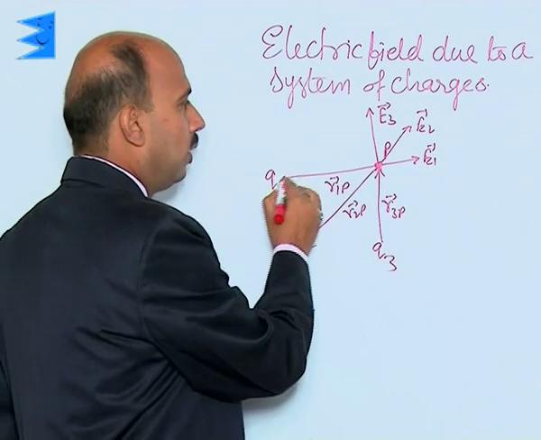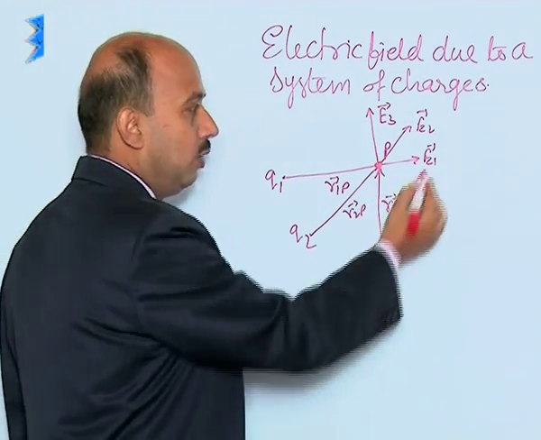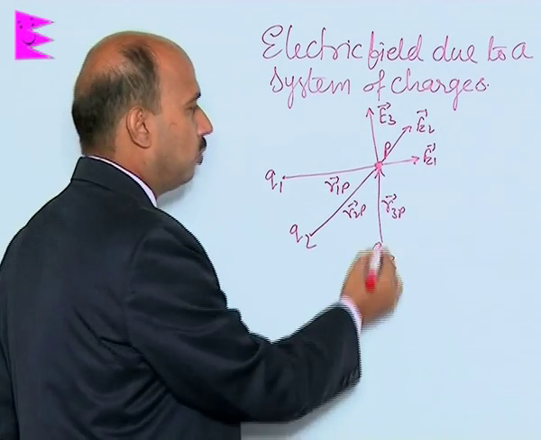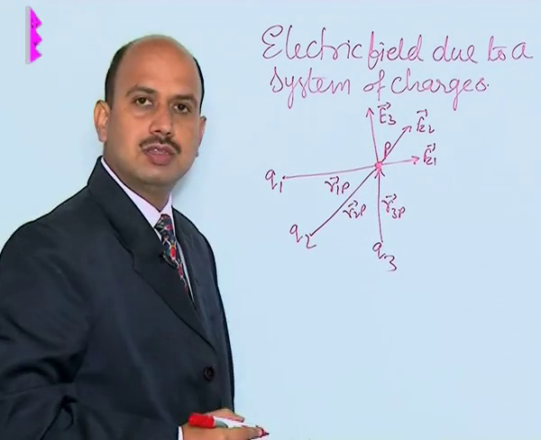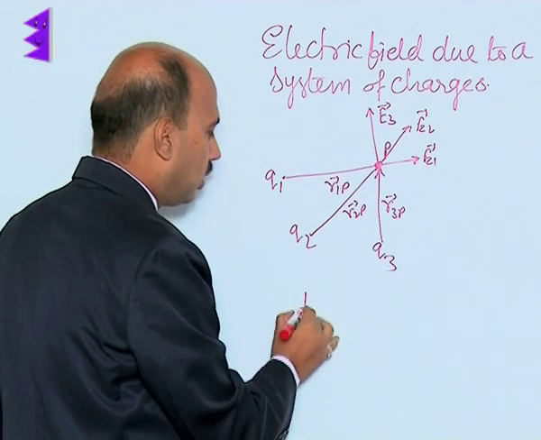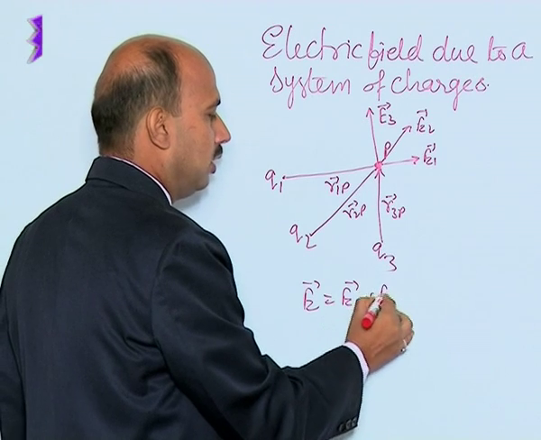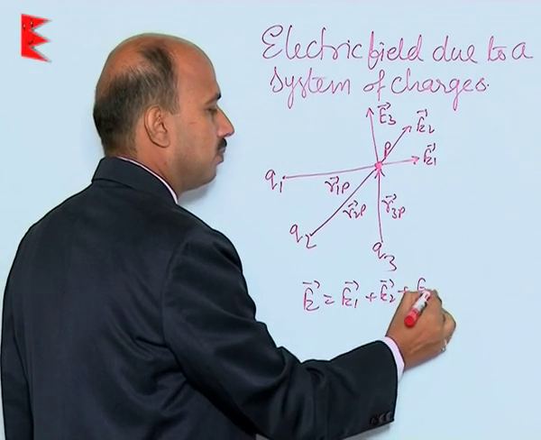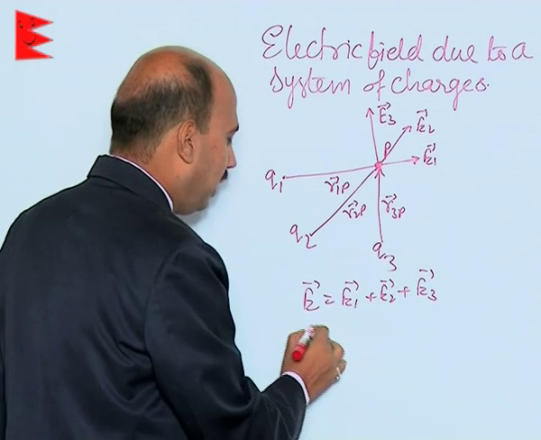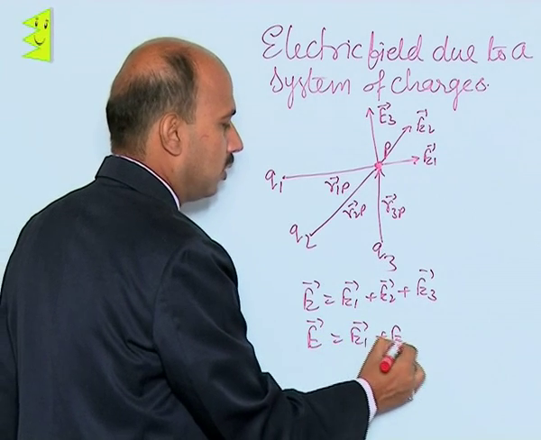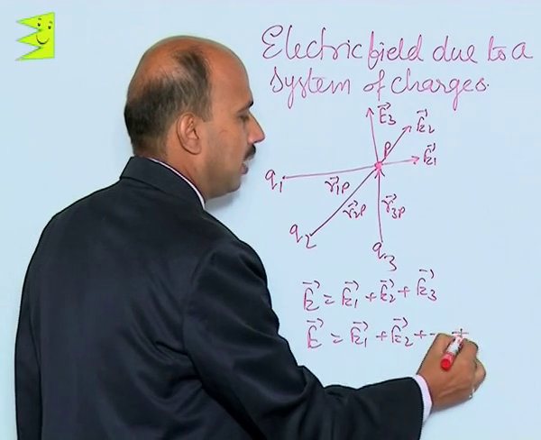Because of q1 electric field intensity is E1, because of q2 it is E2, and because of q3 it is E3. So, we can write total electric field intensity E is equal to E1 plus E2 plus E3. If there are n number of charges, we can write E is equal to E1 plus E2 plus up to En.